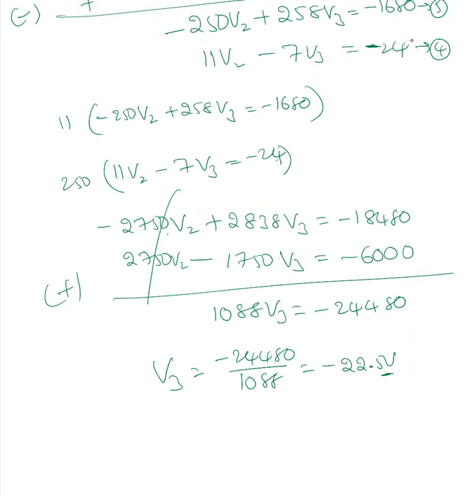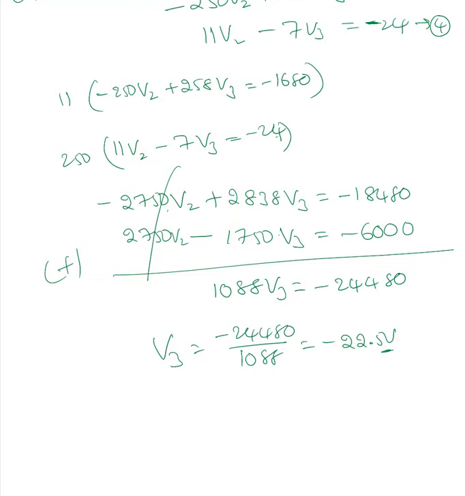I'm multiplying equation 5 with the coefficient of V2 in equation 4, and same thing, equation 4 is multiplied by the coefficient of V2 in equation 5 to eliminate V2. So I end up with V3 equal to minus 22.5 in the calculations.